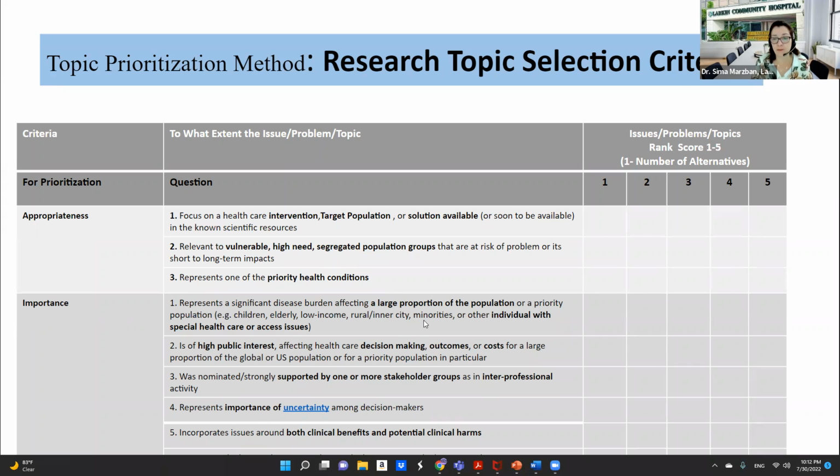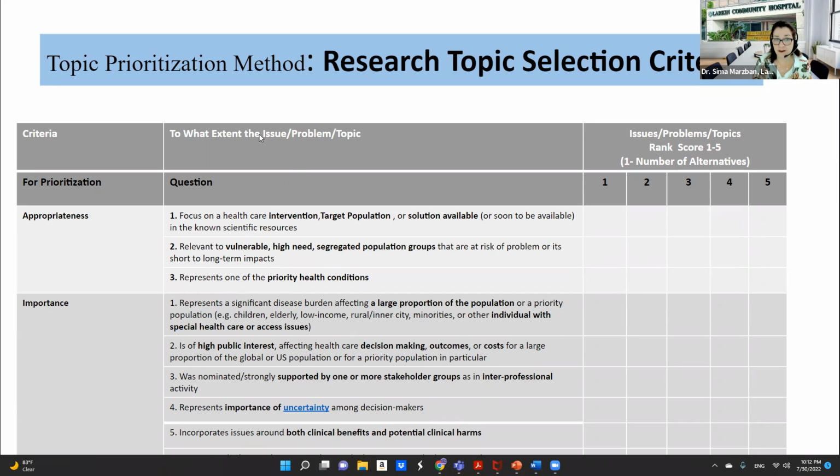Number of affected population. If it affects a remarkable part of the population based on statistics and facts that are available, put 5. If it's not, put 1. So high public interest and its effects on decision-making outcomes and costs.